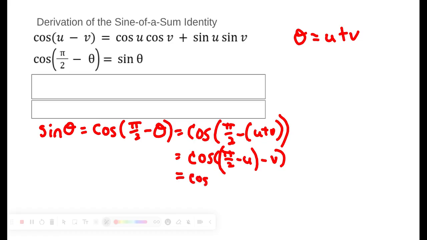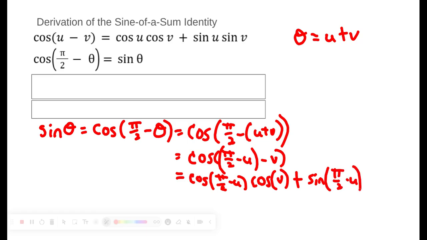That's going to be the cosine of pi over 2 minus u times the cosine of v, plus the sine of pi over 2 minus u times the sine of v.